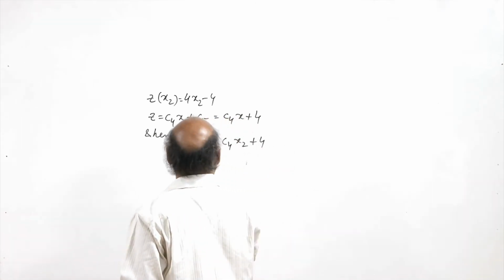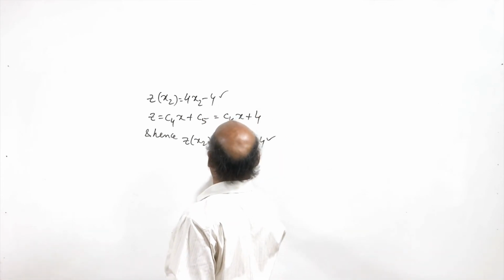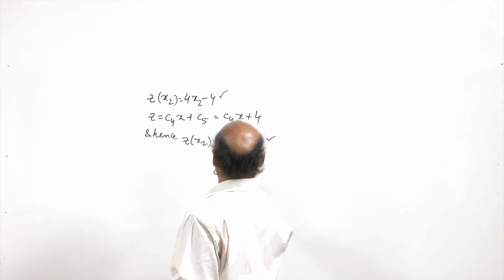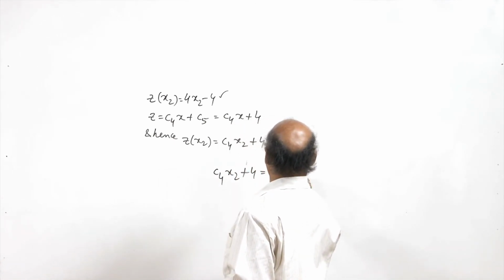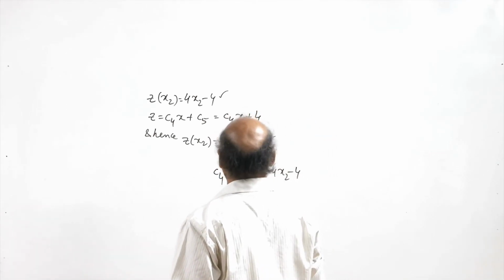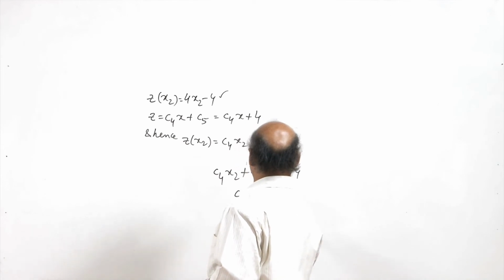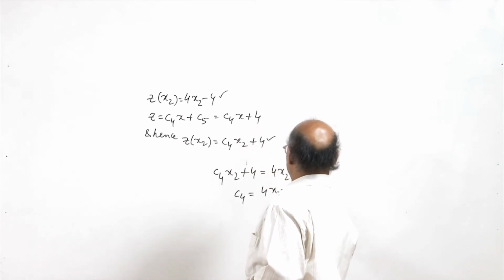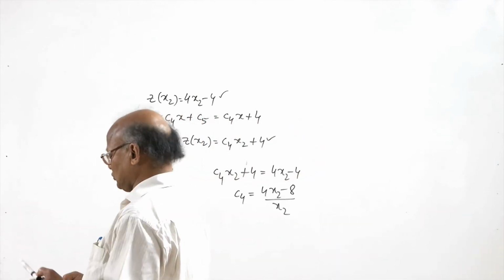So what do we get from this equation and this equation? c4x2 plus 4 is equal to 4x2 minus 4. So we get c4 is equal to 4x2 minus 8 divided by x2.